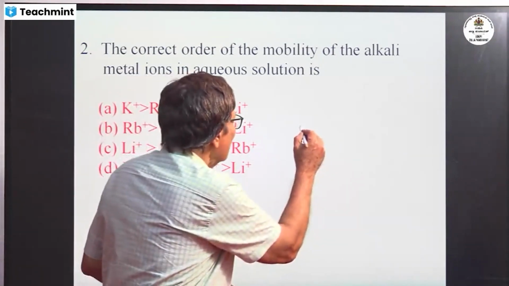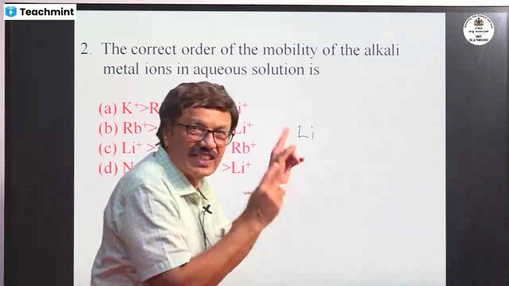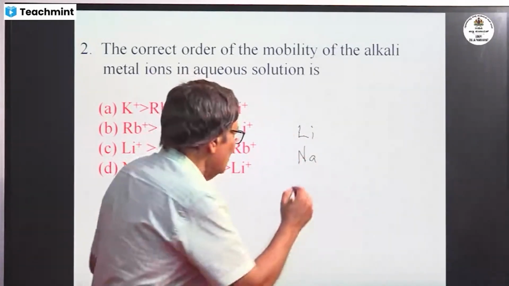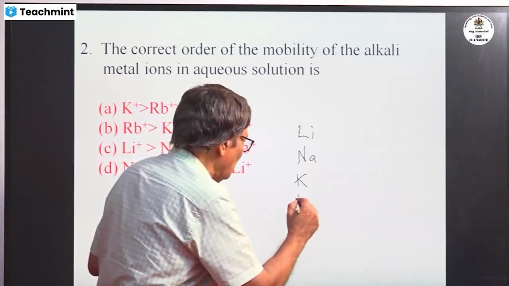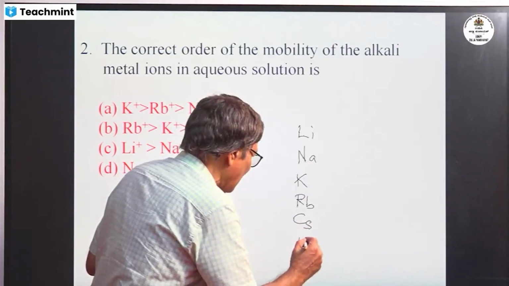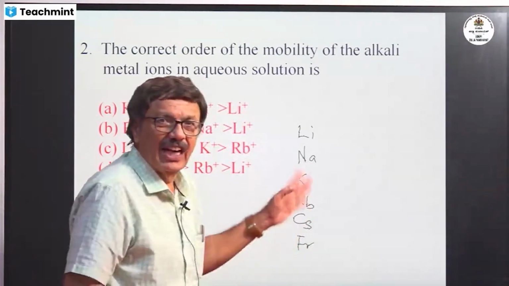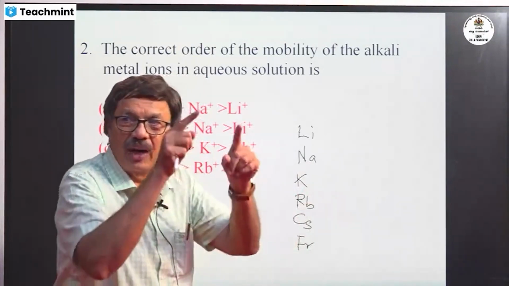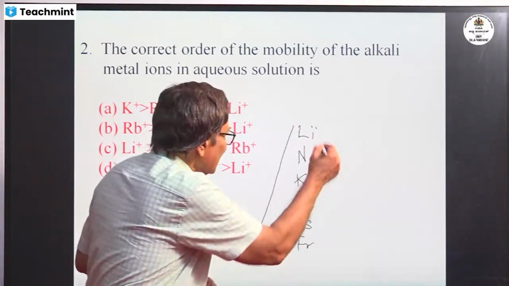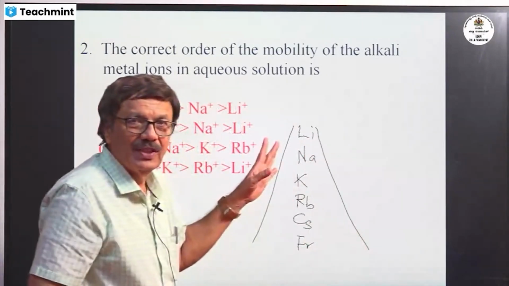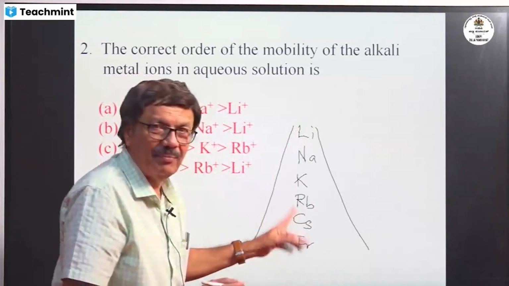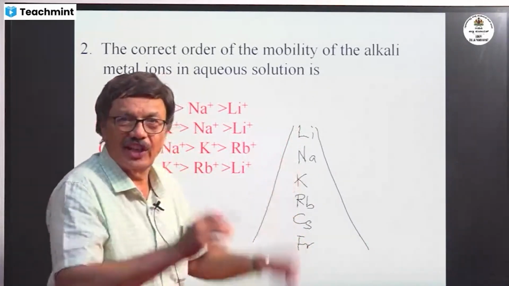It is lithium, which is first, then comes sodium, next potassium, then rubidium, then cesium. Of course, francium is a radioactive element. Now, in any group from top to bottom, the size increases. So lithium is the smallest, and cesium is the biggest one if you leave francium because it is radioactive.